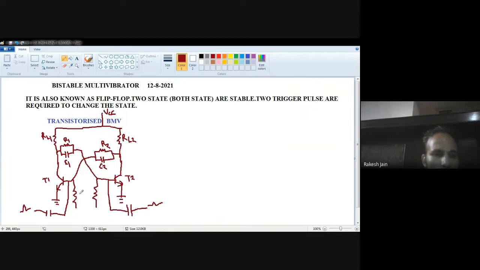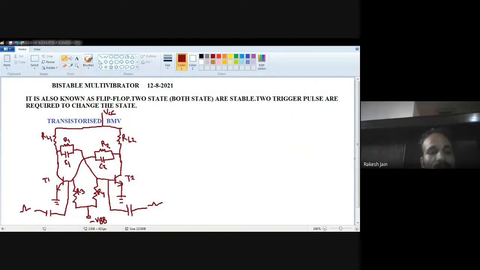Because R1 and R2 have already been given names, let's suppose this is R3 and this resistor is R4. Now they are connected with the negative supply of the base, that is VBB. Okay, so all the names are given.